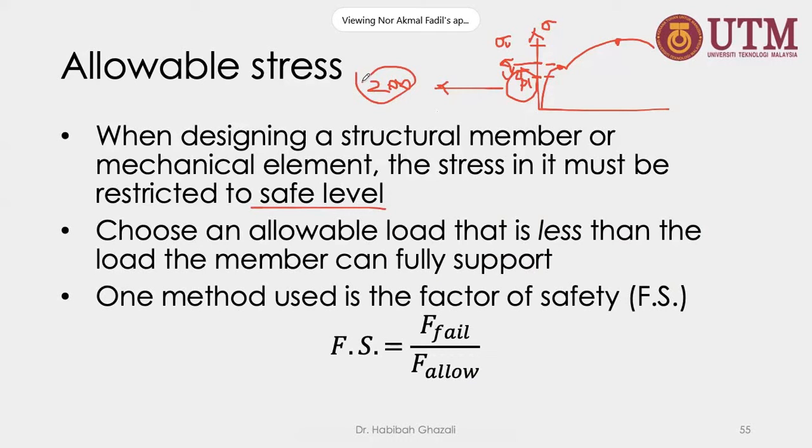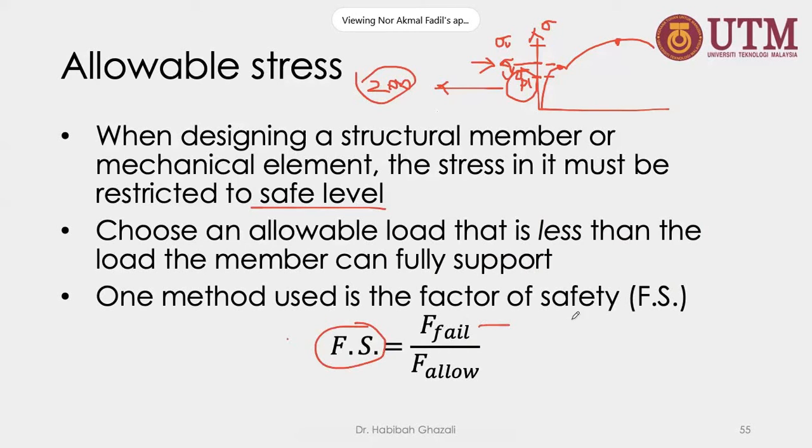How to measure it? What is the limit for failure? Usually we use the yield strength, divided by the allowable load. Let's say we decide based on this one. For safety, let's say we want to give double protection, meaning that half of the load before failure.